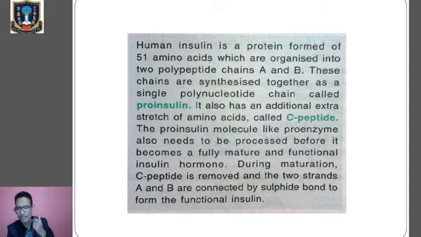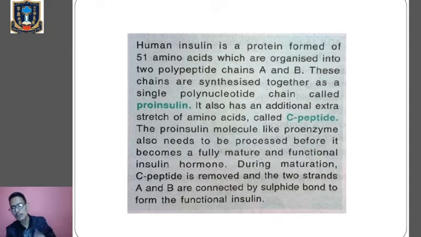So this proinsulin has to undergo processing before it becomes the fully mature functional insulin hormone. Clear? So one more time, human insulin has got two polypeptide chains A and B, but it also has an extra chain which is called the C peptide. So this proinsulin has to undergo processing to become the fully mature functional insulin hormone.